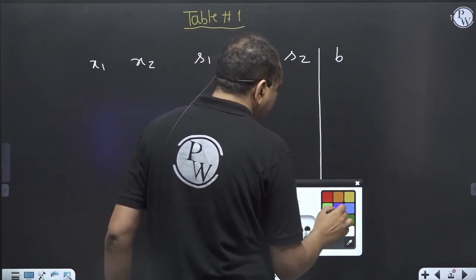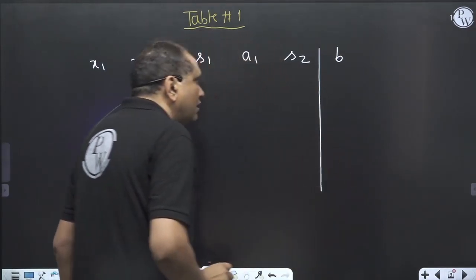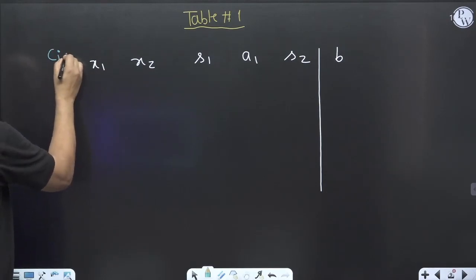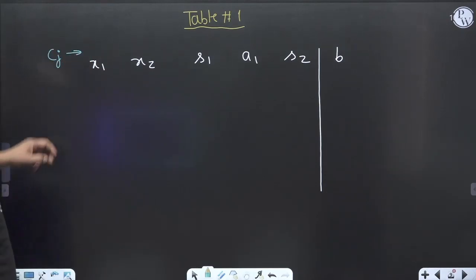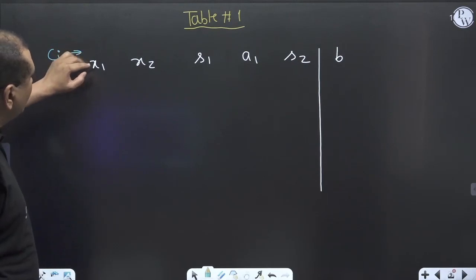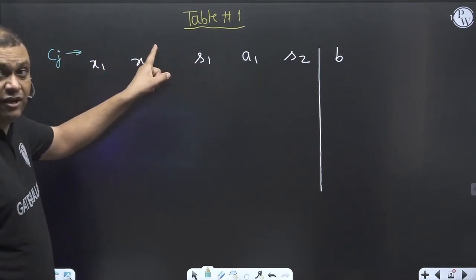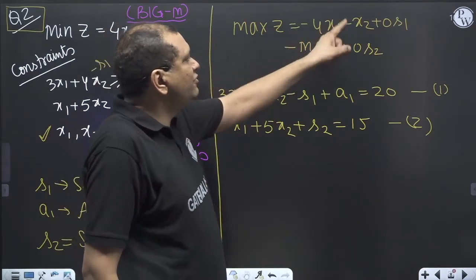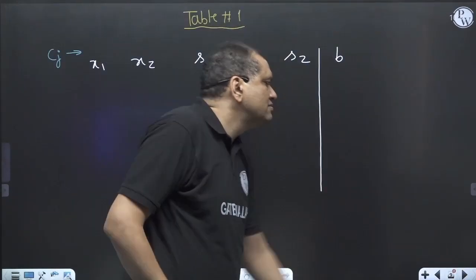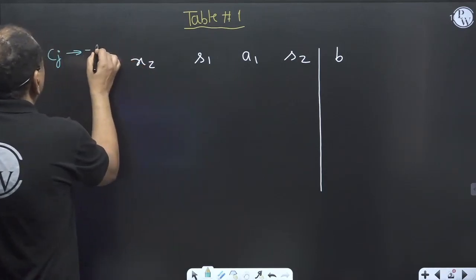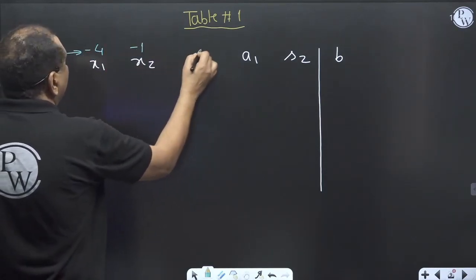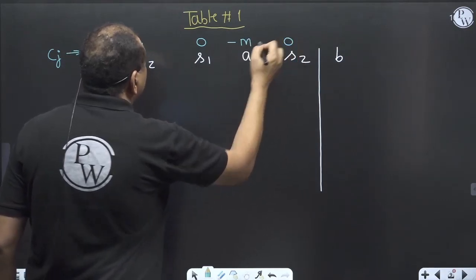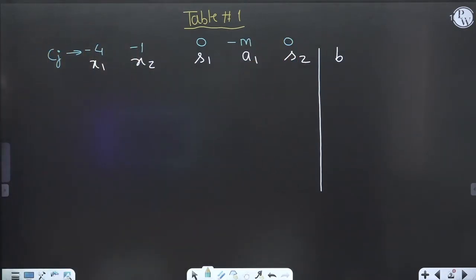Correct? C0 is the coefficient of these variables in the objective function. -4, -1, 0, -M, 0. Correct?